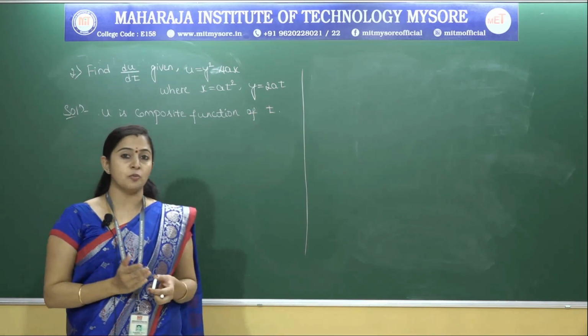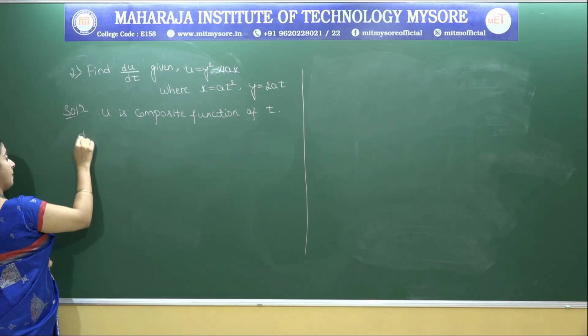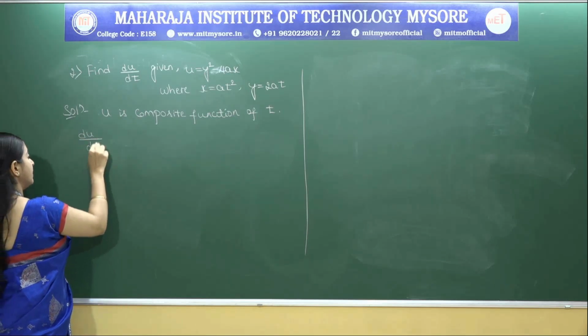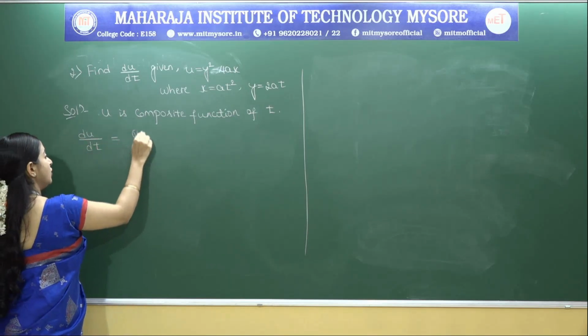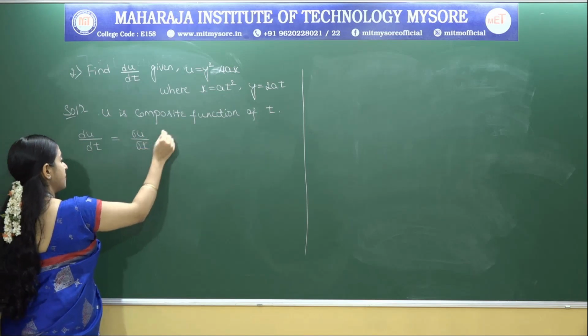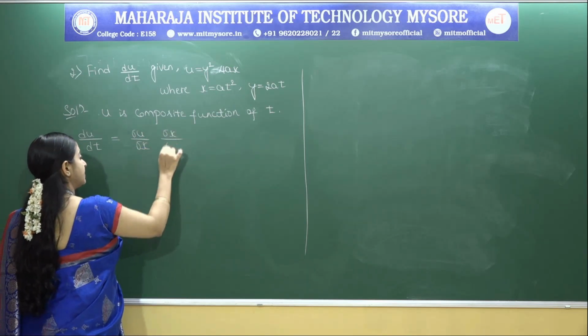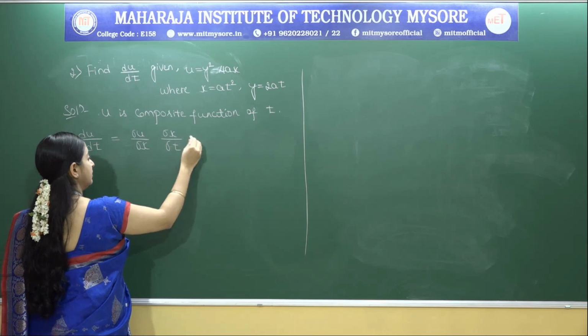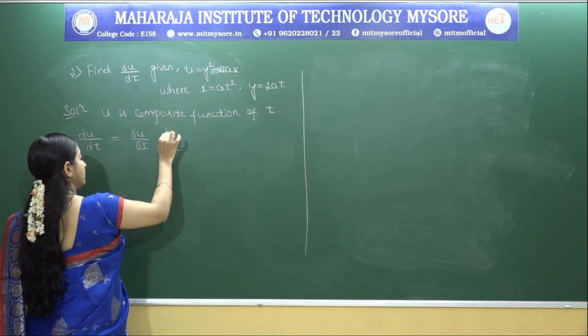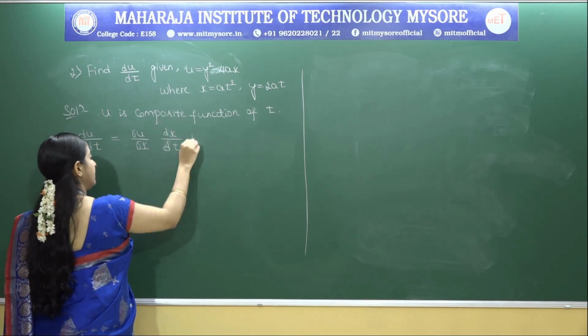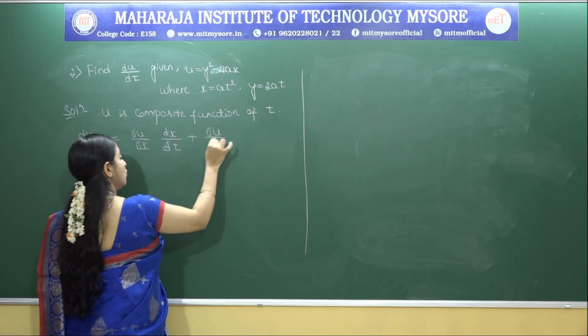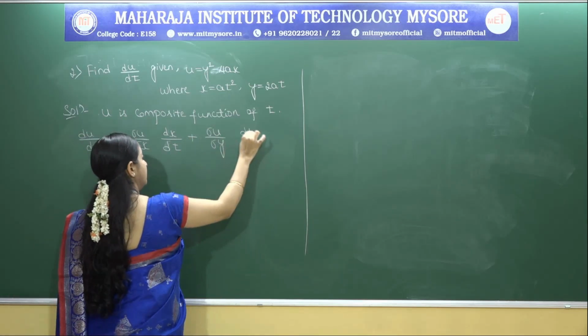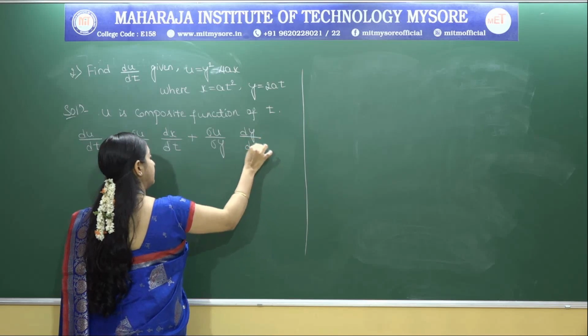First you construct the formula. du by dt, du divided by dt, is del u divided by del x, dx divided by dt, plus del u divided by del y, dy divided by dt.